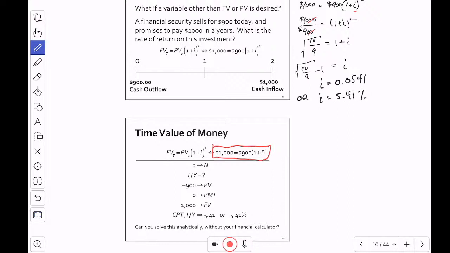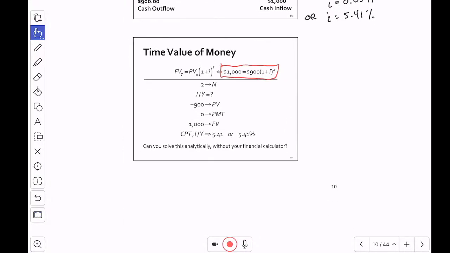Okay, so let's put this in our financial calculator now. So when I say show your work, you need to do all these steps. If I don't say show your work, you can just do this.